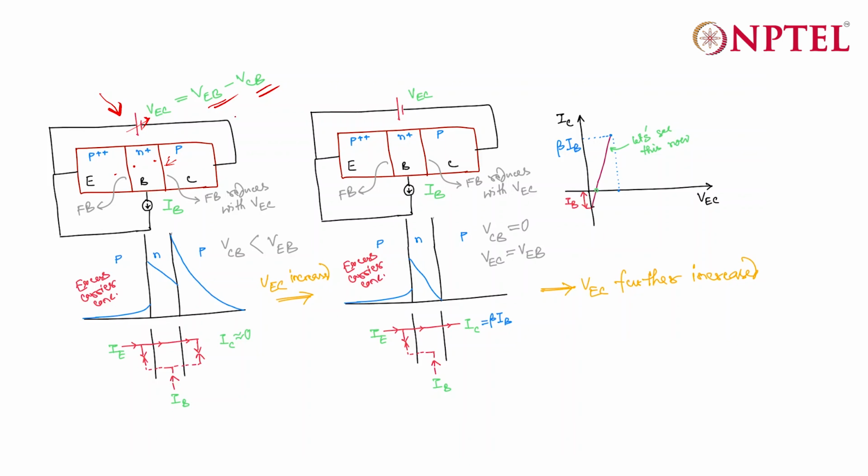Now if your VCB is less than VEB, you will find the excess carrier concentration will be something like this, where this will not change, the excess carrier concentration in the emitter region.